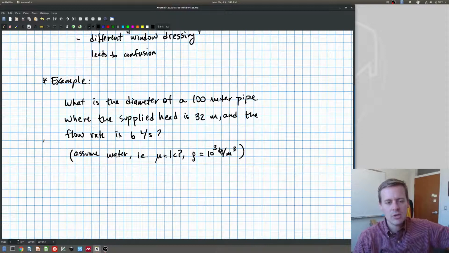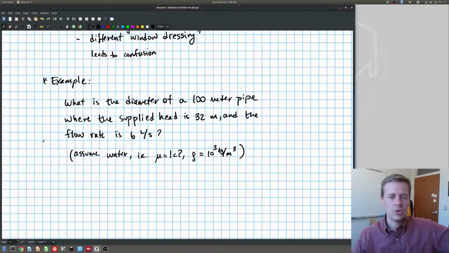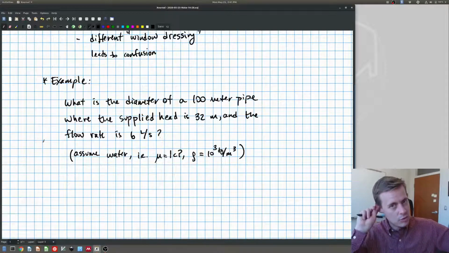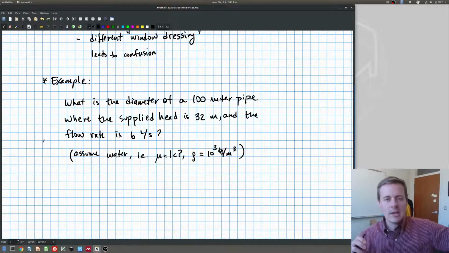And I'm giving it a certain amount of energy or a certain amount of pressure to push the fluid through. And it turns out you can write that pressure in a length unit in what's called head instead of a pressure unit. And it's basically take pressure and divide by gravitational constant times the density, so pressure over rho g. In this case, that gives you 32 meters.